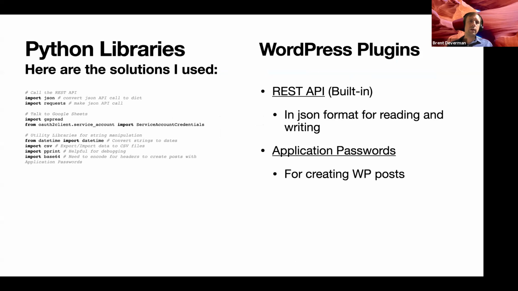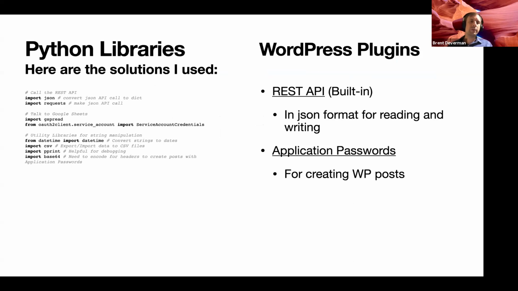Some of the Python libraries and WordPress plugins I've been using are listed here. For doing a lot of the REST, it's the requests library and the JSON library. For talking to Google Sheets, I chose a library called gspread. And with that, you have to use OAuth to authenticate, so you can see the OAuth2 client.